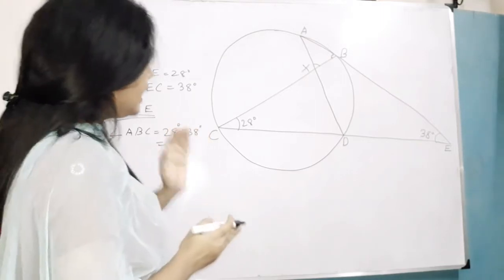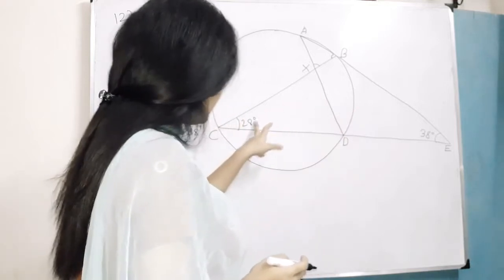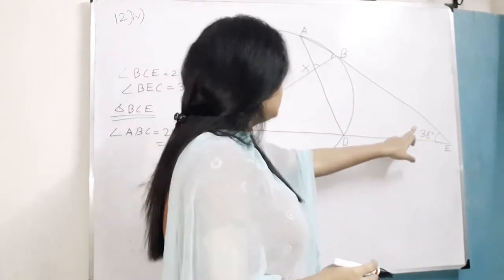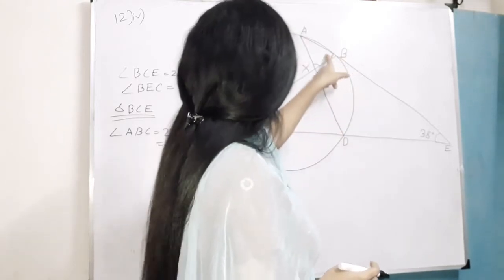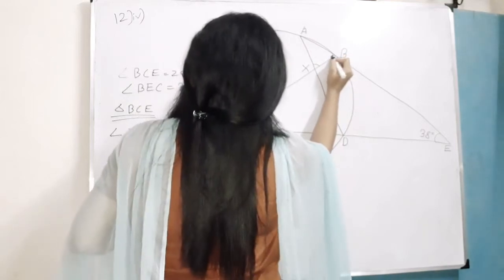Observe properly, if I take the triangle BCE, then 28 plus 38 will be 66 degrees and that is the exterior angle, meaning angle ABC. Follow properly, meaning this angle.